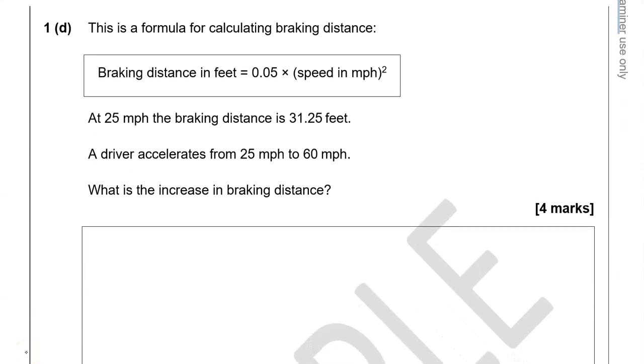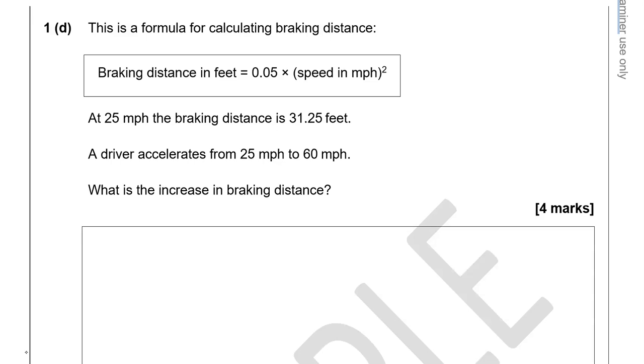This is a formula for calculating braking distance. Braking distance in feet is worked out by multiplying 0.05 by the speed limit in miles per hour squared. At 25 miles per hour, the braking distance is 31.25 feet. A driver accelerates from 25 miles per hour to 60 miles per hour.